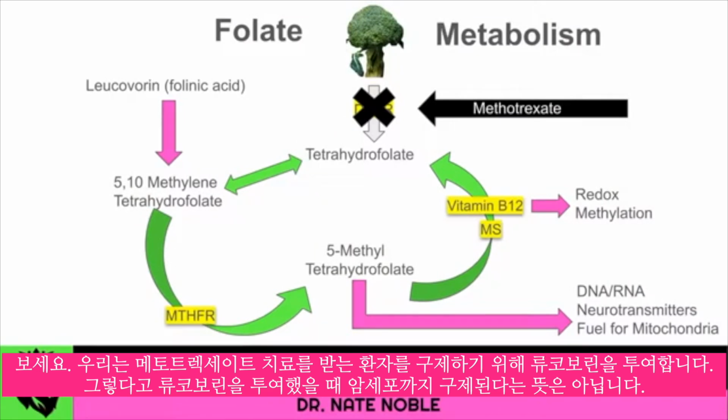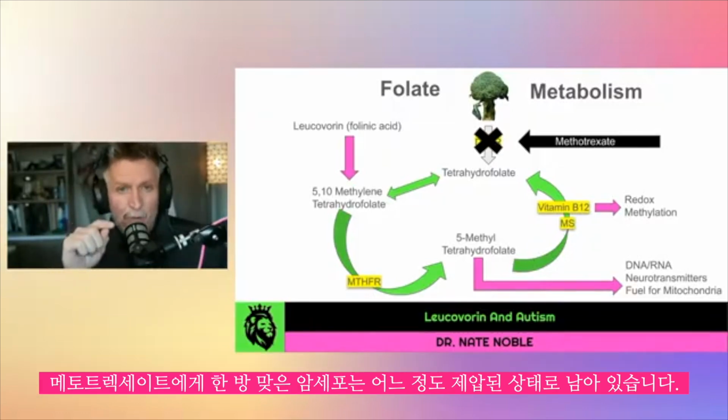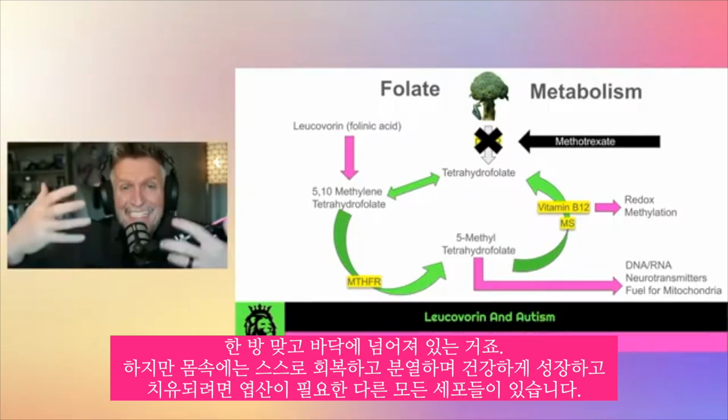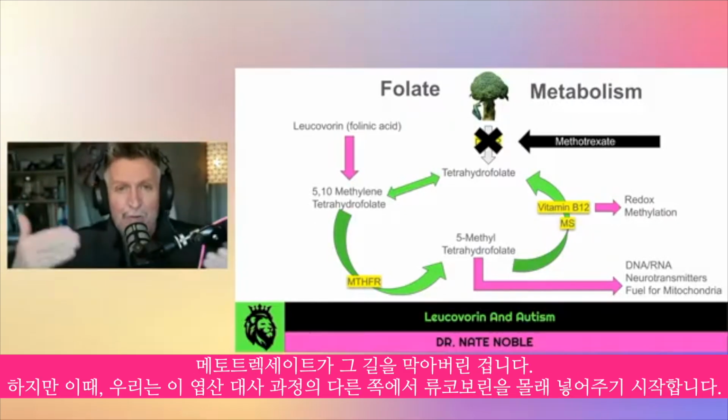So we give leucovorin, okay, to rescue individuals from, right, methotrexate treatments. Now, that doesn't mean that when you give leucovorin that you rescue the cancer cells. No. Once they've been punched in the face by methotrexate, they kind of stay down, right? You punch them and they kind of stay on the floor. But then there's all these other cells that still need, right? They still need to receive folate in order to repair themselves and divide and be healthy and help the body grow and repair.